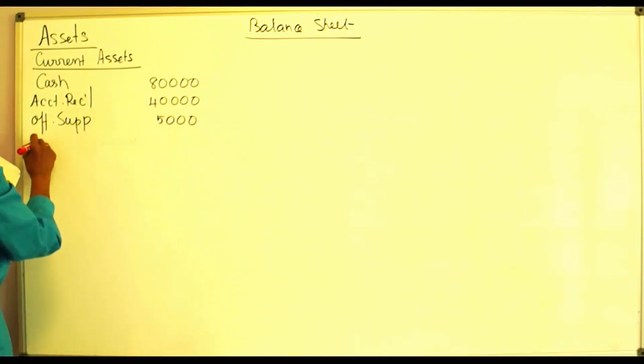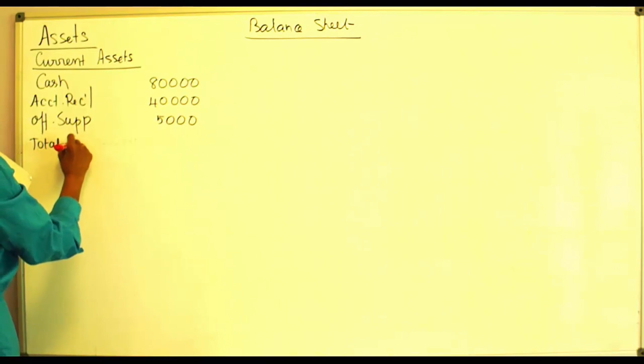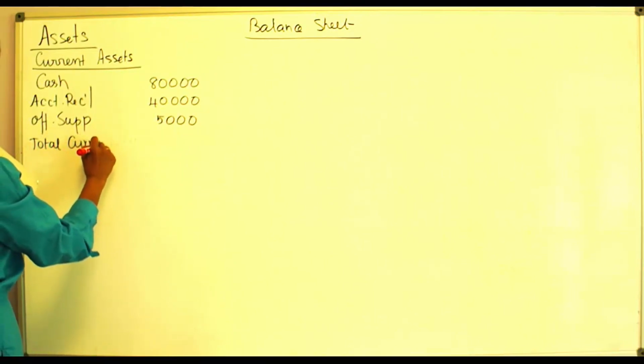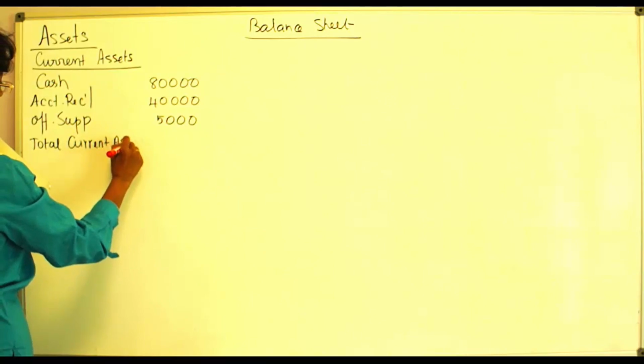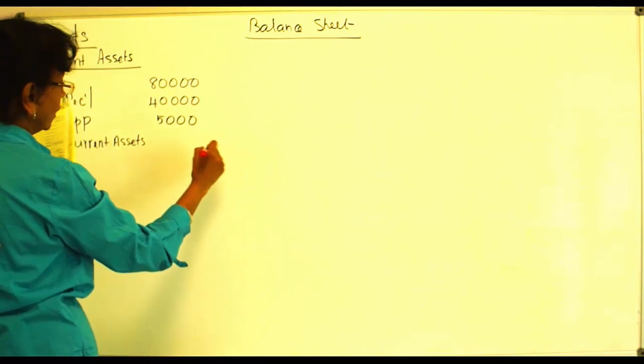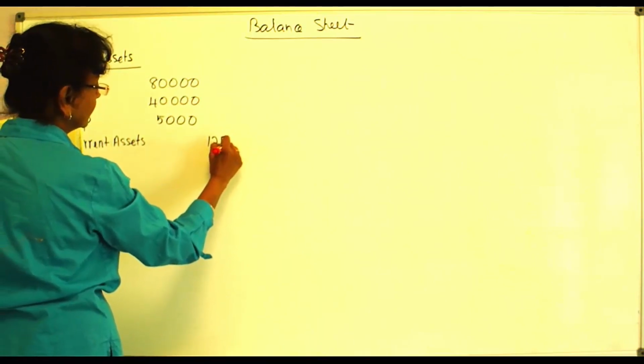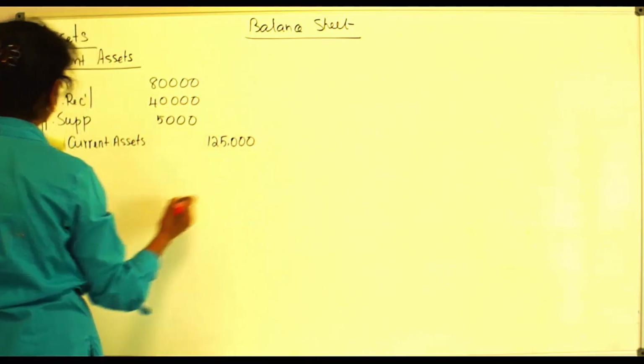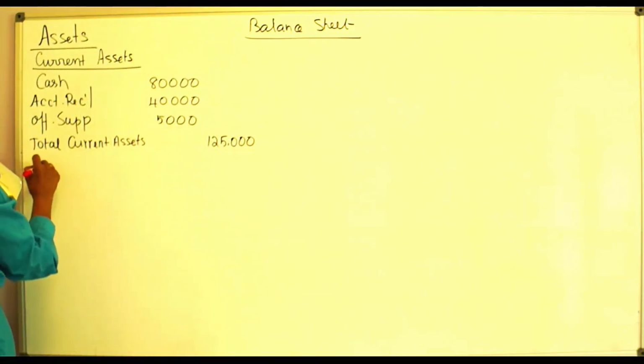So total current assets, if you add them up, you have 125,000.